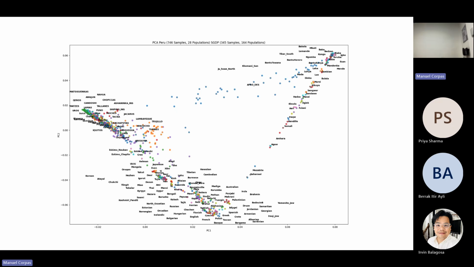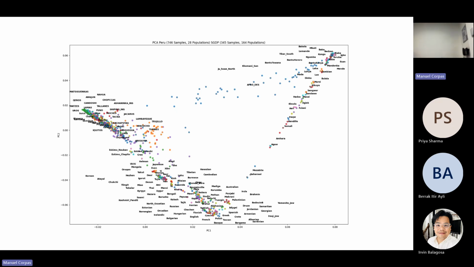Because each point is one dimension. But here, what we are doing is statistically compressing those 20,000 dimensions into two, while maximizing the distances between any given individuals. That's what the principal component analysis is. So you maximize difference while reducing the dimensions.